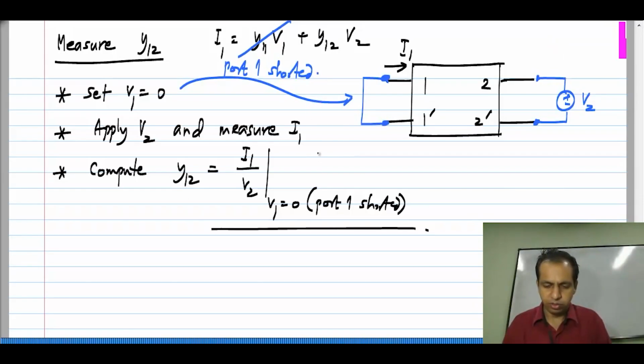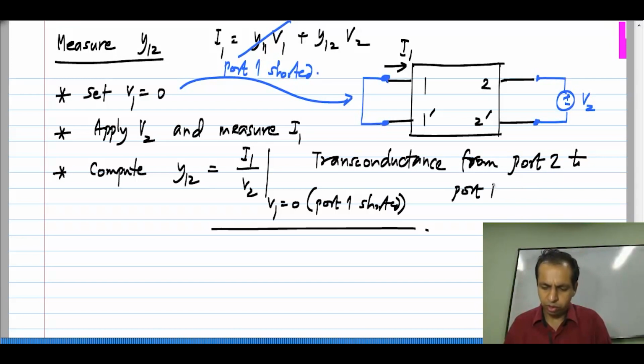So, this can also be called transconductance from port 2 to port 1. That is, the cause, the stimulus is on port 2 and the effect or the response is on port 1.